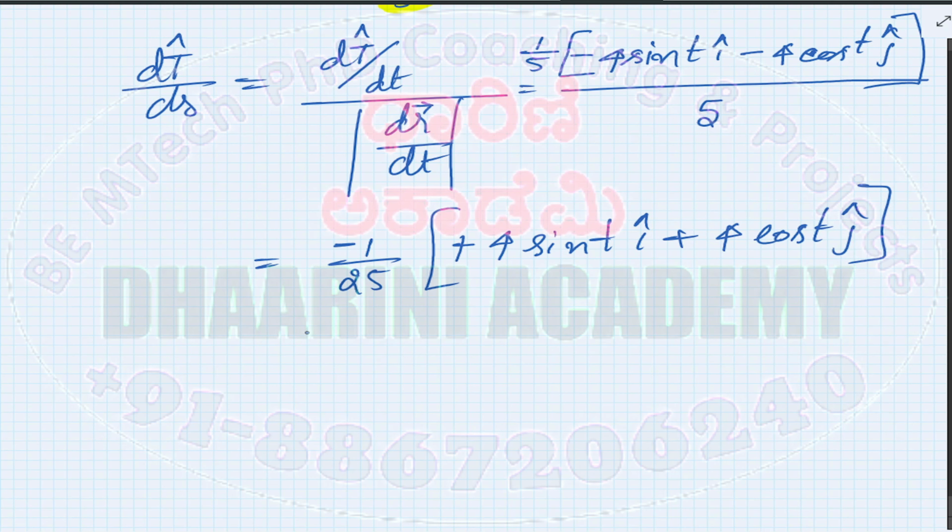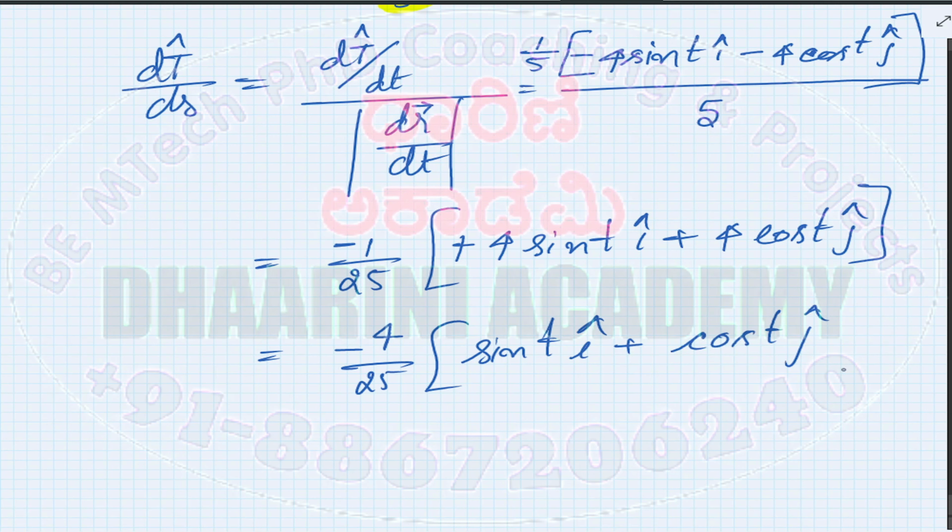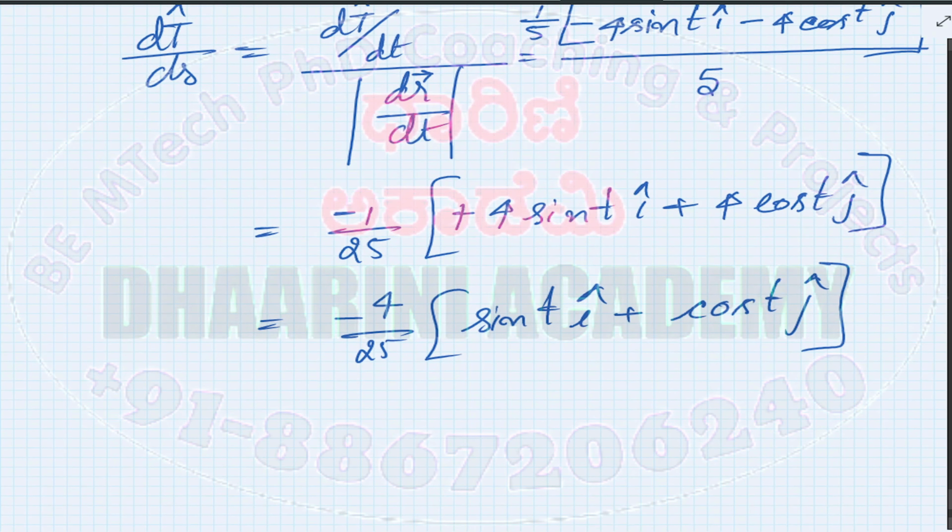Alright, so even the 4 can go outside. You can simply write this as minus 4 by 25 times sine t i cap plus cos t j cap. Now this means I need the magnitude of this because I have to use that as the n cap.